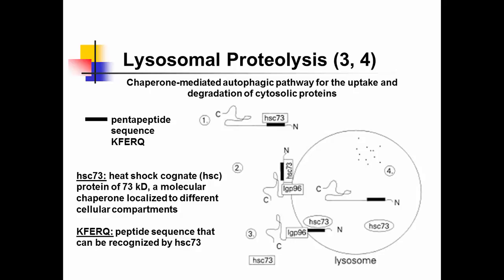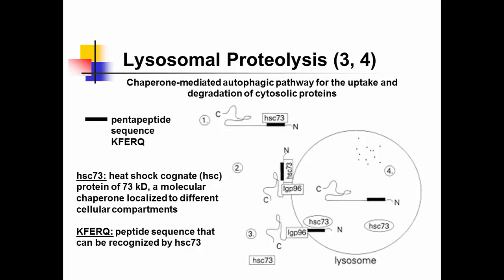So again, this pathway requires the specific sequence, the heat shock cognate protein 73, and also the LAMP-2A receptor, and all these things work together to specifically target these proteins and degrade them in the lysosomes, right?